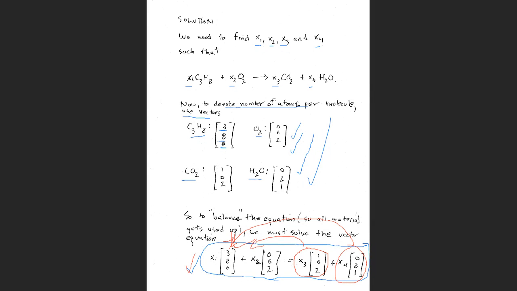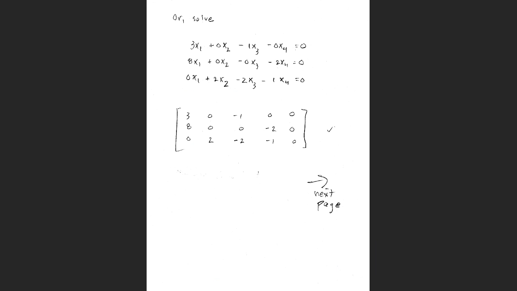In other words, we would have a homogeneous equation. Let me go to the next page and show you the system of equations that the vector equation produces. This is the system. Are there any questions on how we got that system of equations?